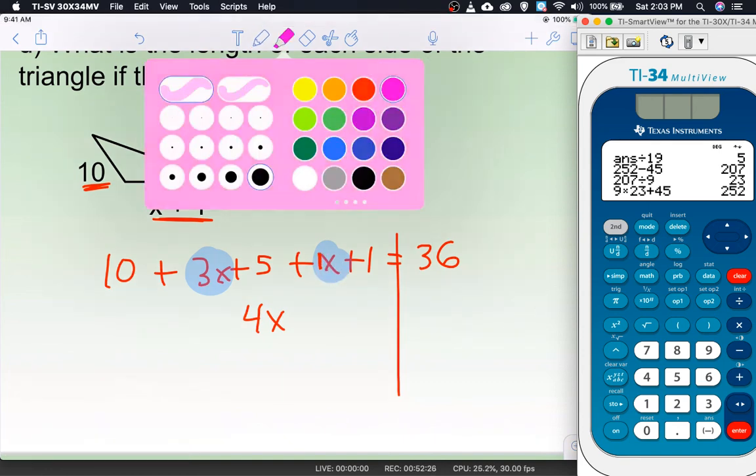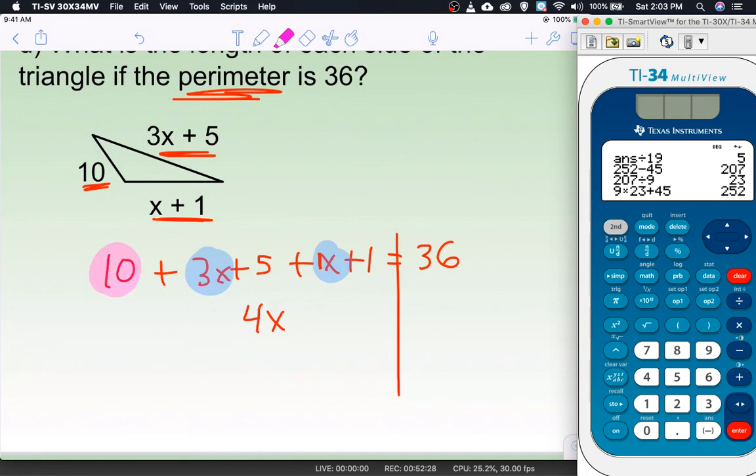I can combine my constants. I've got a 10 plus a 5 plus a 1. 10 plus 5 plus 1 is 16. And now I can continue solving this equation. So I've simplified. I made the problem easier to solve.